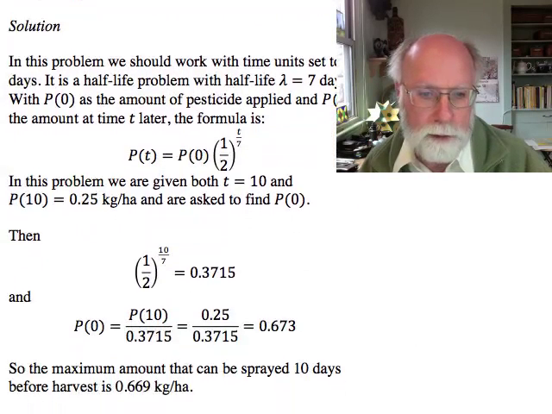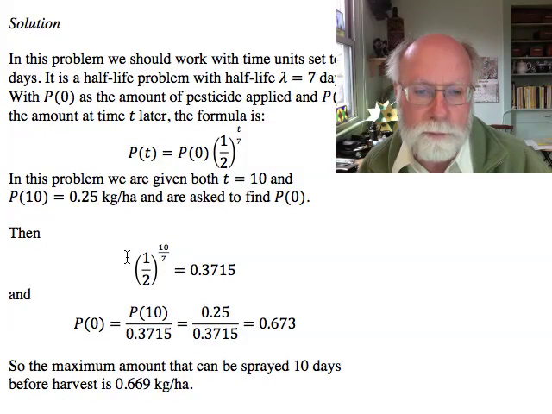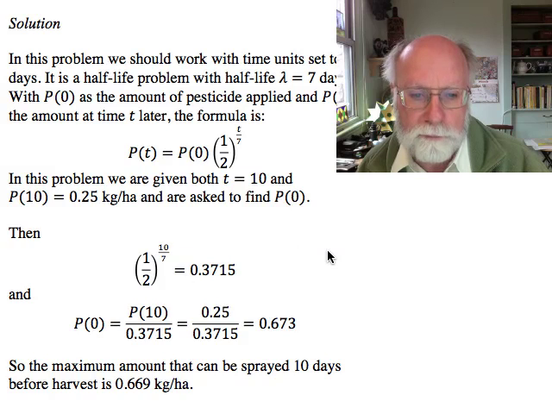Well, we have 1/2 to the 10 over 7. That is because we know that t is 10, and so we can calculate a value for 1/2 to the 10 over 7, and it's just 0.3715. To get P0, the amount that we should have at the beginning, we would take P10, so that's the P of t over here, and divide it by the 1/2 to the t over 7.